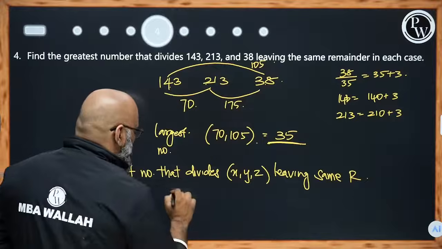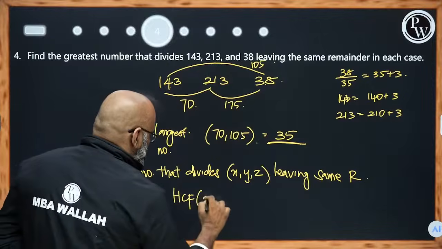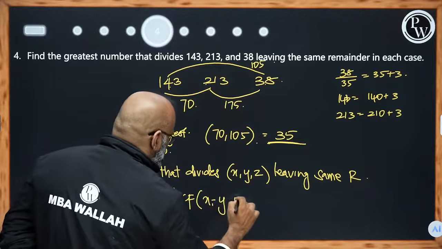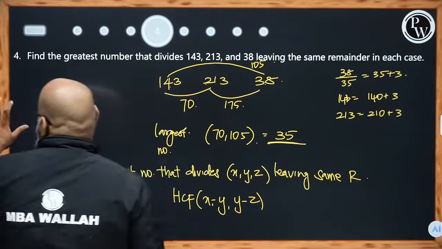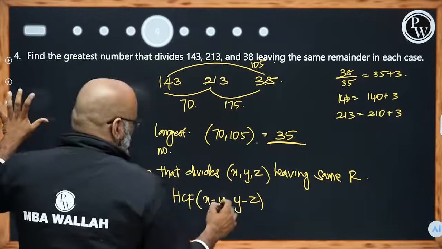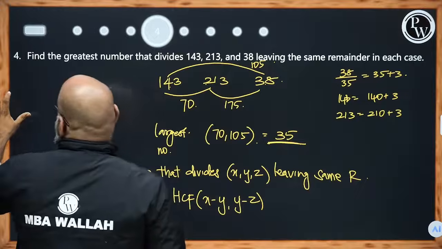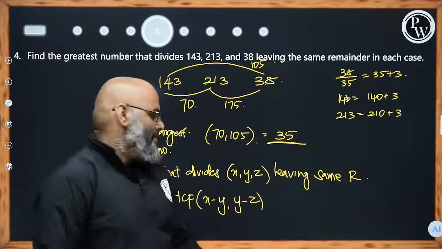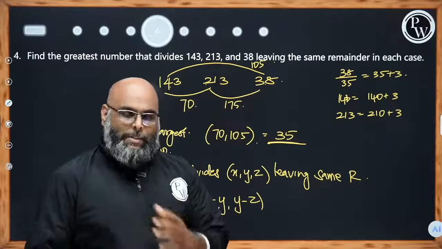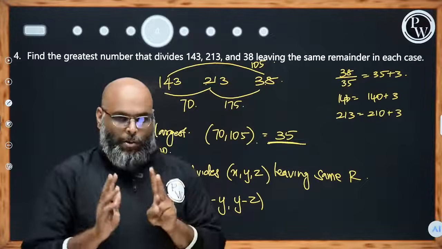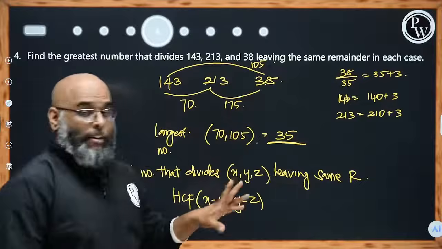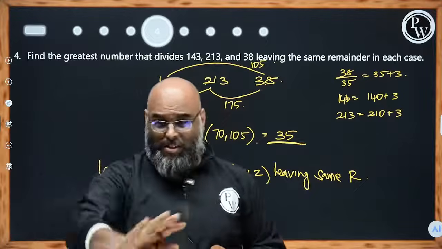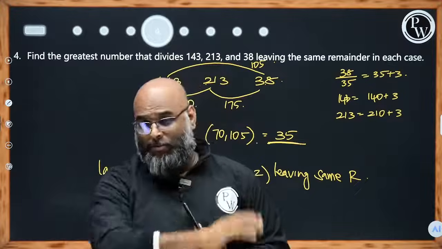All you do is HCF of x minus y comma y minus z. Any two numbers. I would rather say, rather than x minus y, take the difference. Difference of x and y, difference of y and z, or y minus z, x minus y. Any combination of two differences, take them. Find the HCF of those two numbers, you have your answer. That will be the largest number, right?